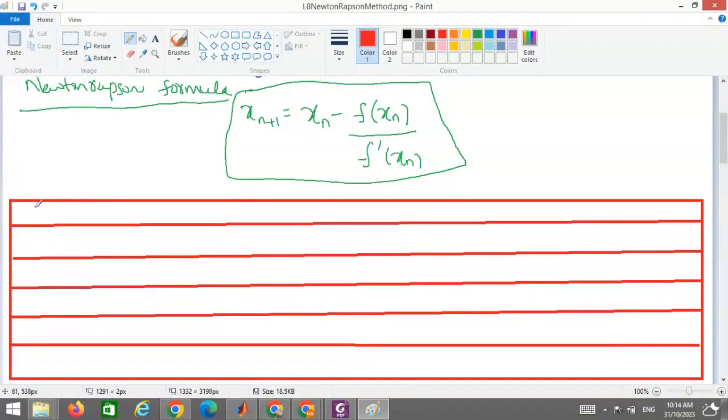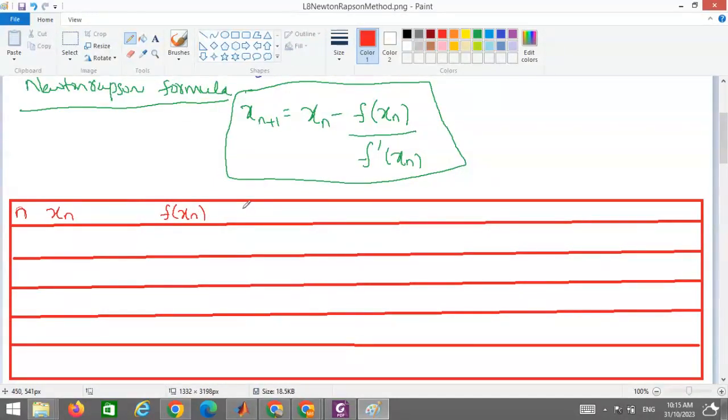Here we'll have n, and next you'll have the x of n value. Let us write the f of xn value here.